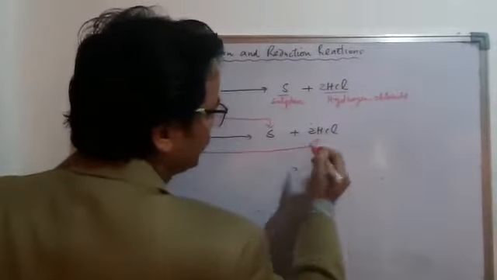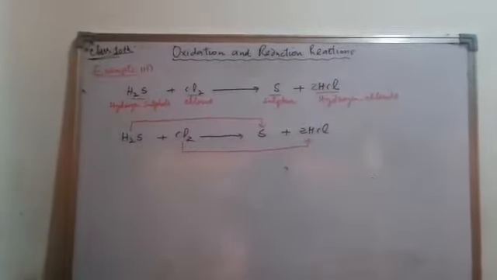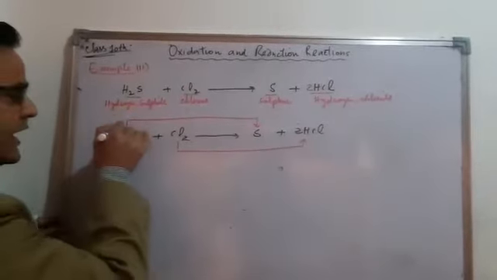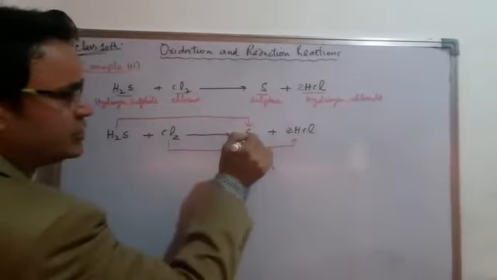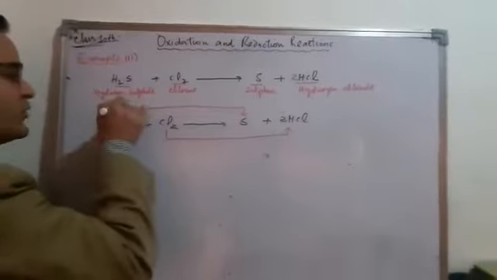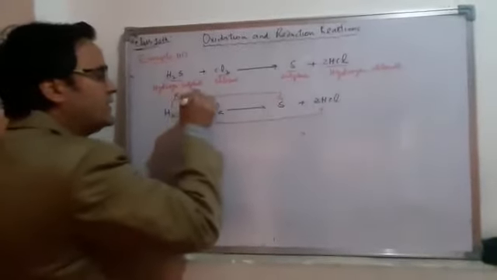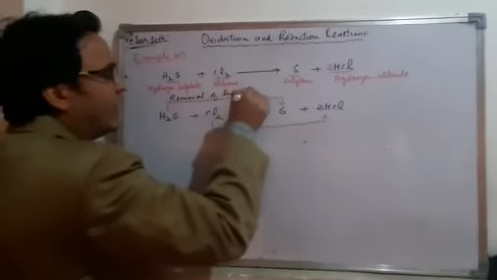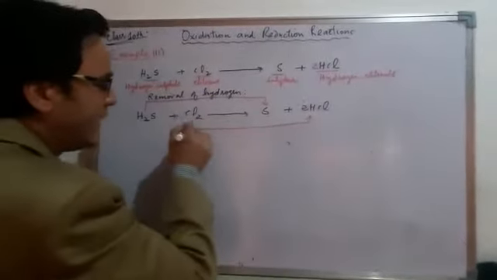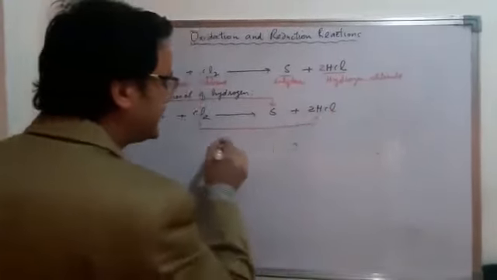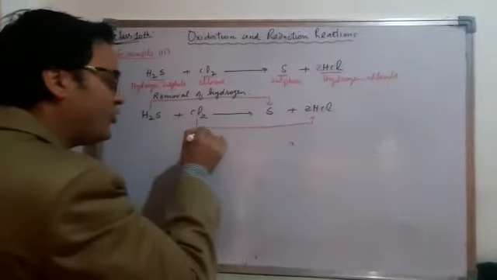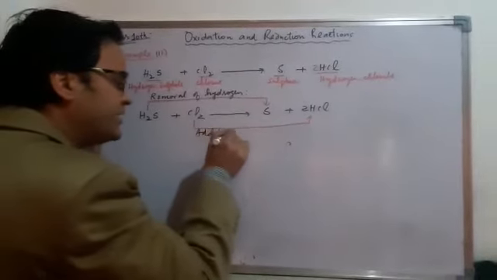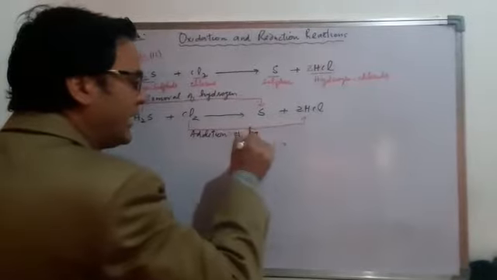is changing into HCl. So here what happens, this H2S is changing into S, that means removal of hydrogen. And here Cl2 is changing into HCl, that is addition of hydrogen.